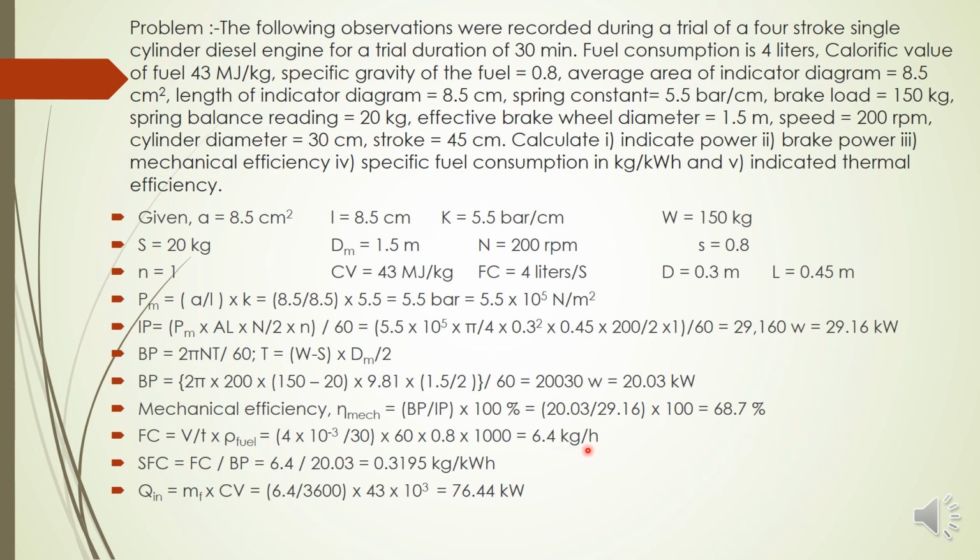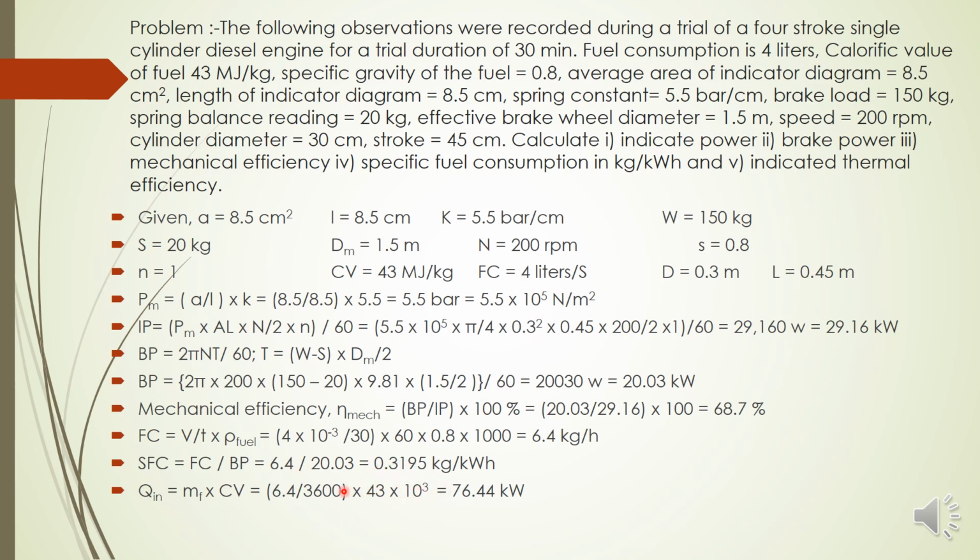So divide this by 3600. So mass flow rate is 6.4 divided by 3600. Now it is in kilogram per second. And multiply by calorific value. Calorific value is 43 megajoule per kilogram. That means 43 into 10 raised to 3 kilojoule per kilogram.